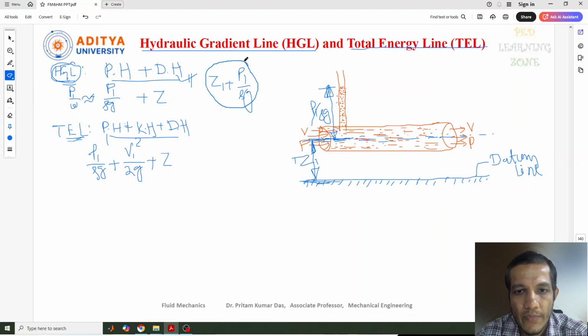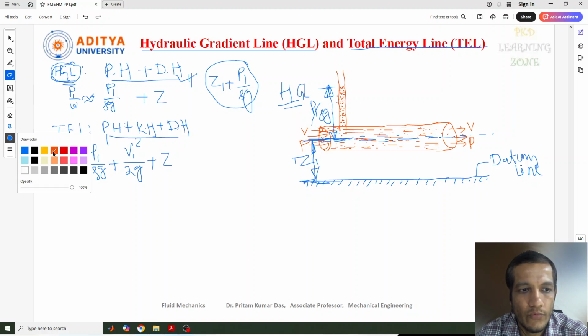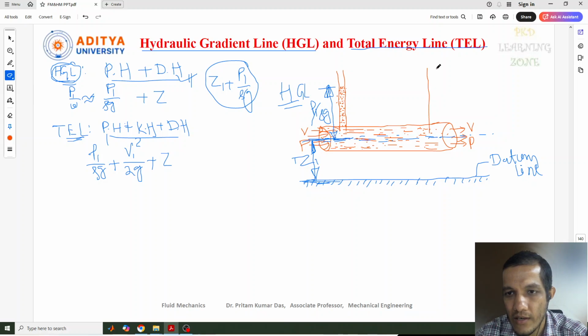This is the HGL at the inlet condition. Now, same thing, let's consider another tube near the outlet of the pipe, or at some distance from the inlet or starting condition. Here also we can identify a rise in the liquid level at the second condition.